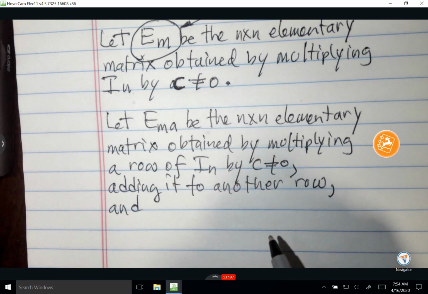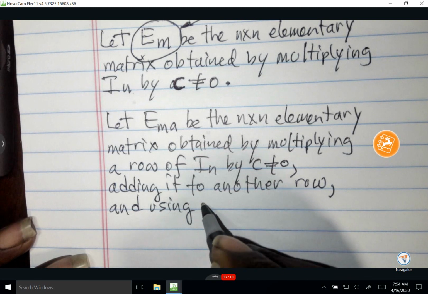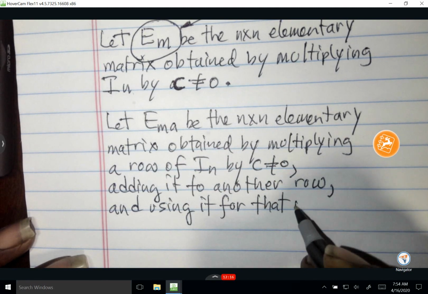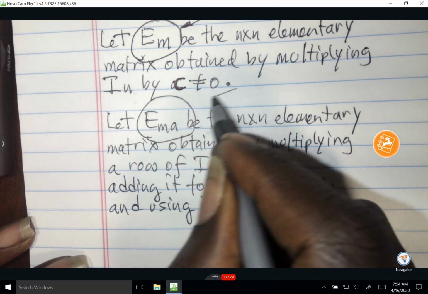You know, it's our third elementary row operation. And using it for that row. So I'm going to call it EMA.